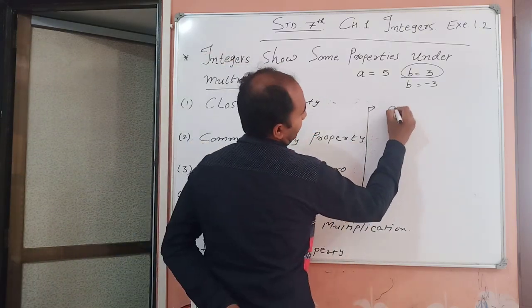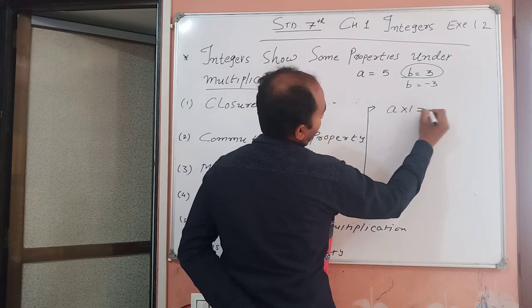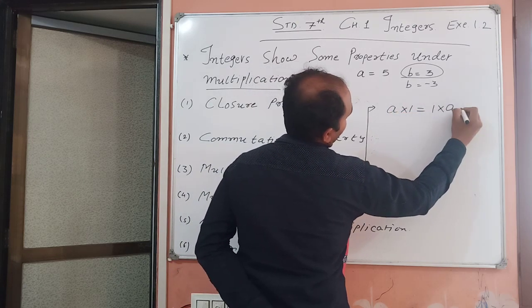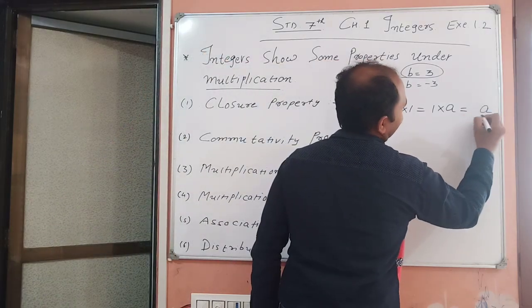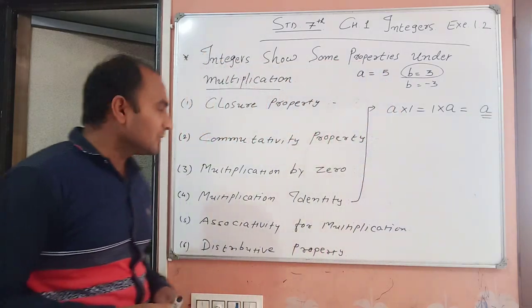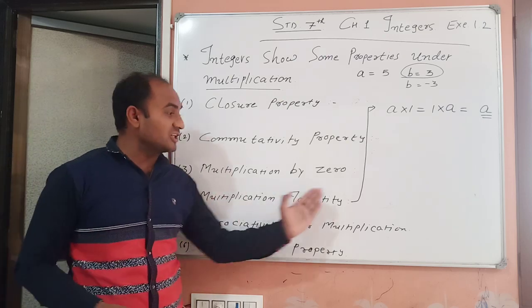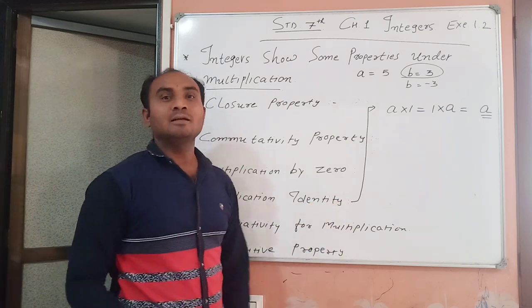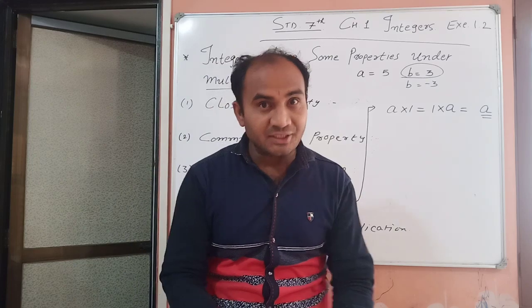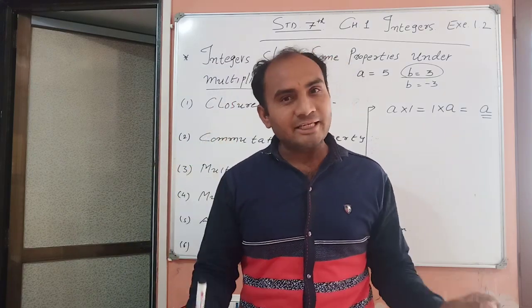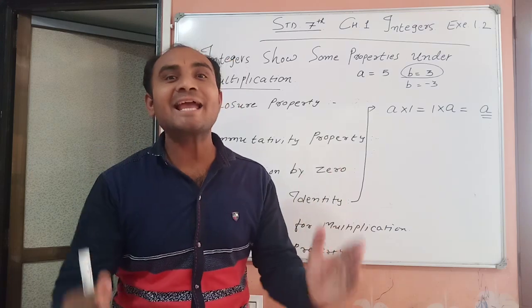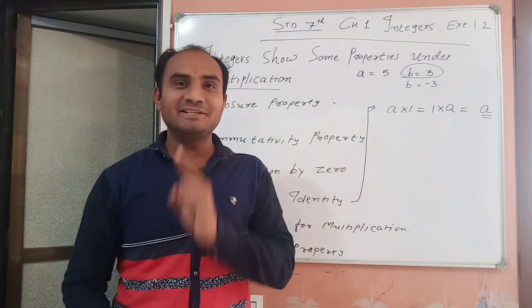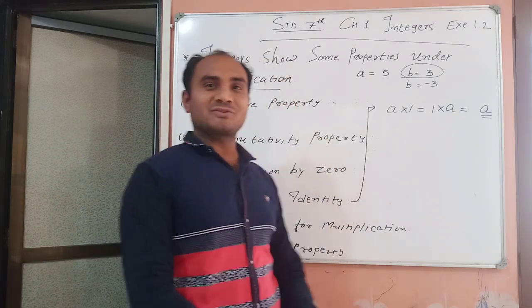So A into 1 is equal to 1 into A is equal to A. In the fourth property, according to the multiplication identity, any integer we multiply by 1, we will get the same integer. It is the fourth property of multiplication.